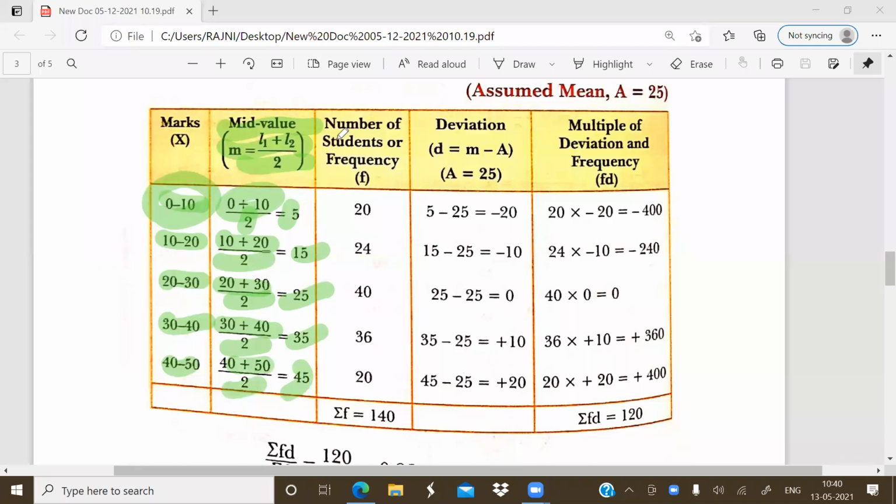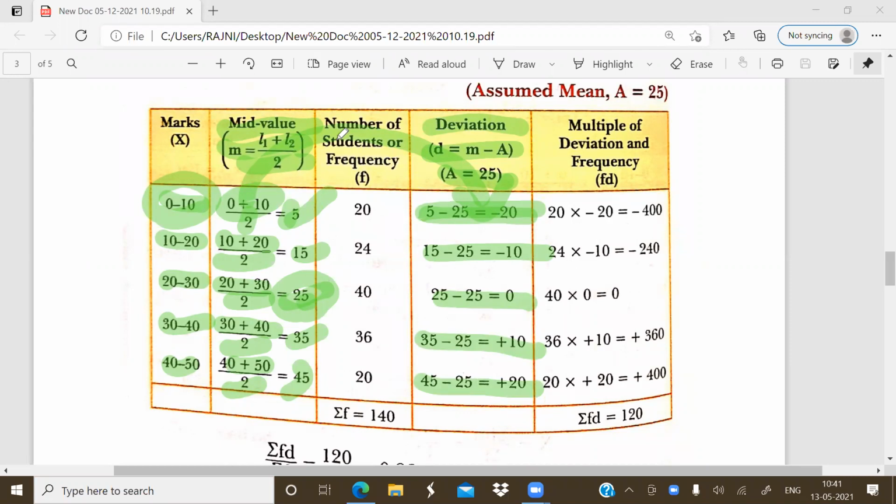Okay. The frequency is given to us. Firstly, we will have to assume a mean. Suppose we take the assumed mean as 25, the middle item. So firstly, you will calculate D, which is equal to the mid value minus the assumed mean: 5 minus 25, 15 minus 25, 25 minus 25, 35 minus 25, 45 minus 25.